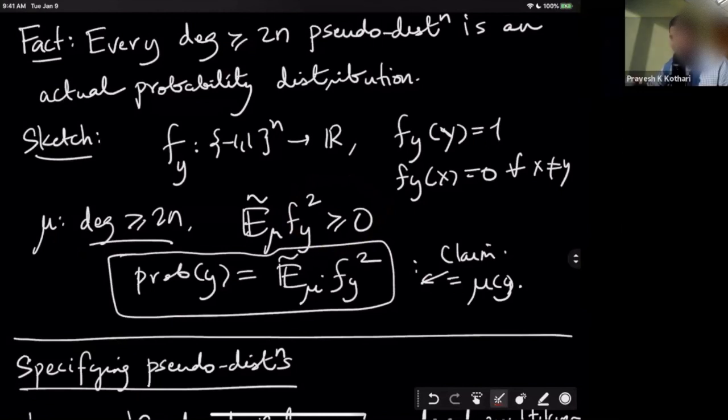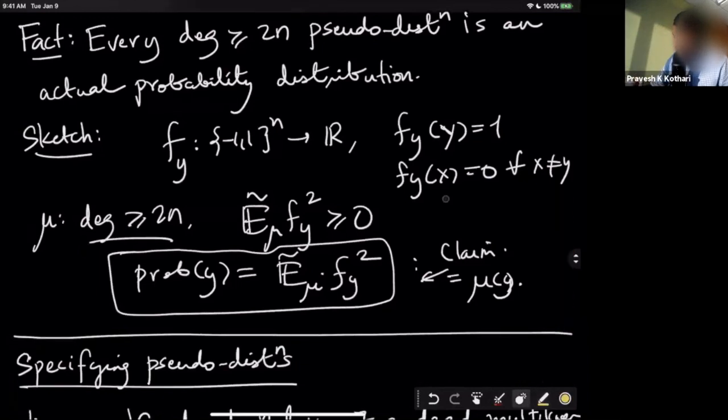And so now, what do you have to verify? Well, first you have to verify that this is a well-defined notion of probability. For that you observe, let me write in yellow and I can erase it later, that the sum over y of fy of x squared actually equals the constant function 1.